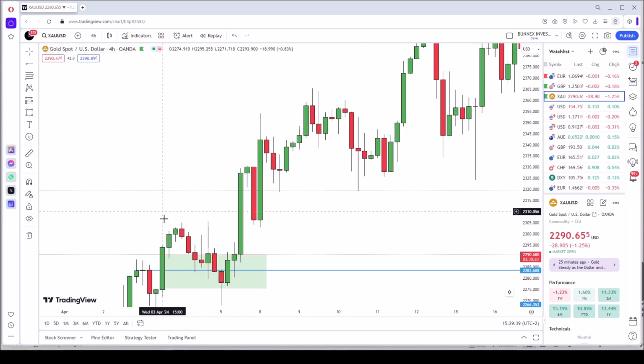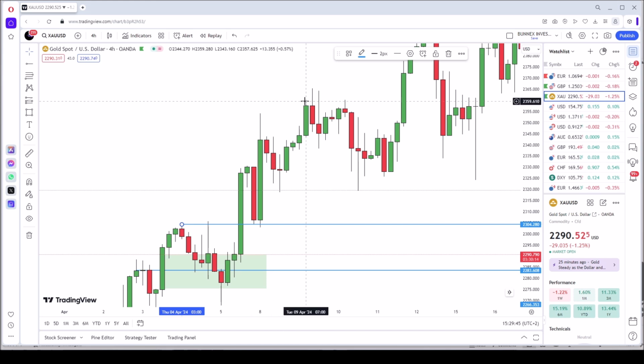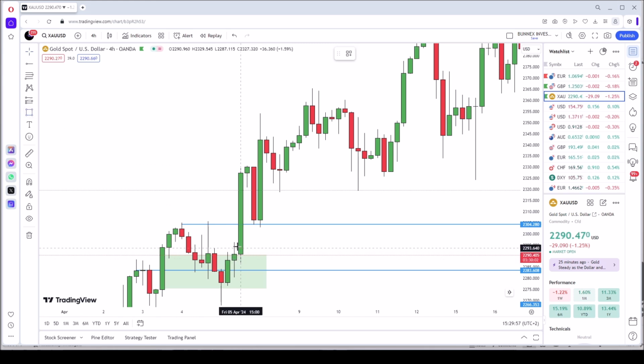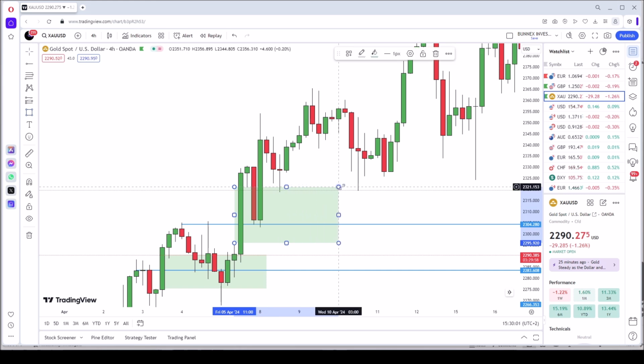After that, we can see there was another break of market structure here, then a move to the upside. We inspect again to see if there was a fair value gap. We can see this high and this low did not interact, meaning that we had a fair value gap of this manner.